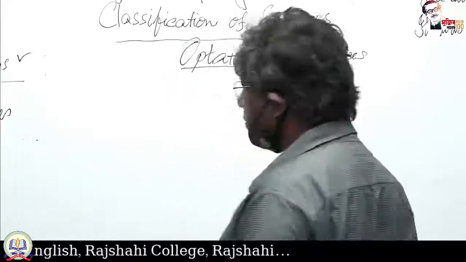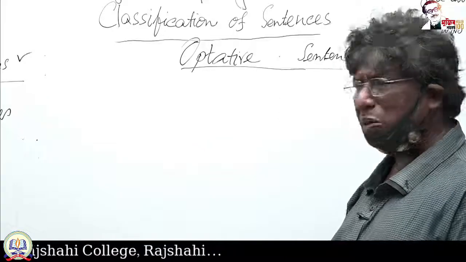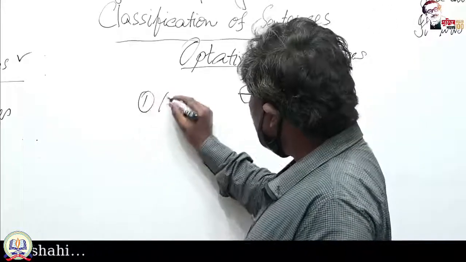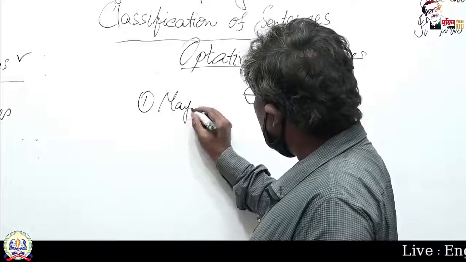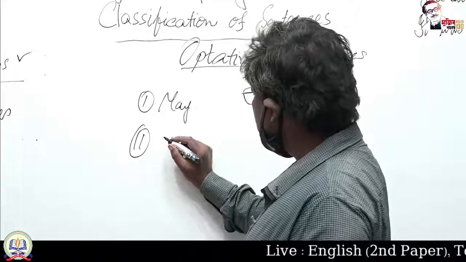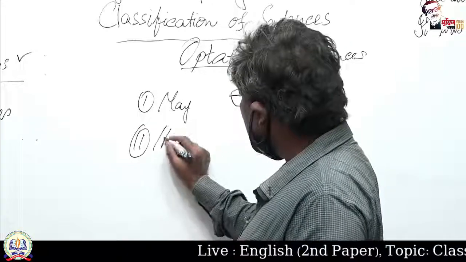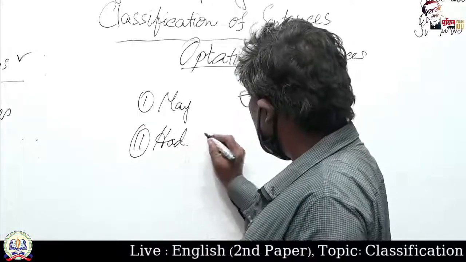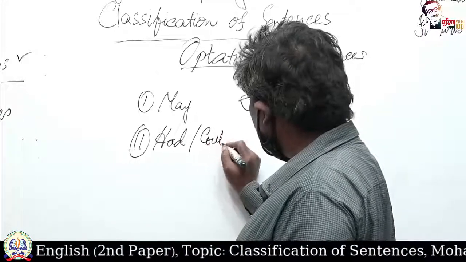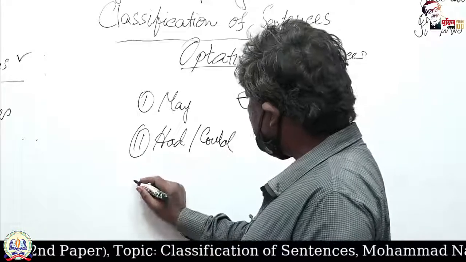The optative sentences begin sometimes with may, sometimes with had or could.